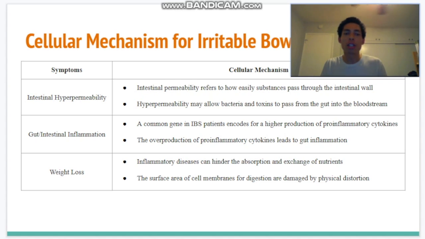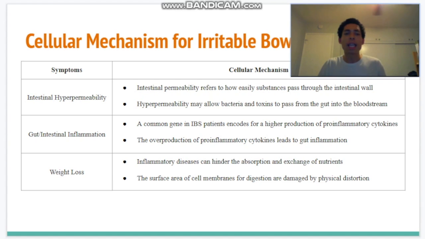When the tight junctions of intestinal walls become loose, the gut becomes more permeable, which may allow bacteria and toxins to pass from the gut into the bloodstream. A broad range of pathologies can lead to intestinal inflammation, including IBS. Recent studies have suggested that there may be genetic risk factors for altered immunologic function in patients diagnosed with IBS.